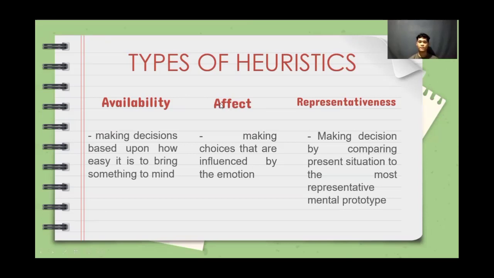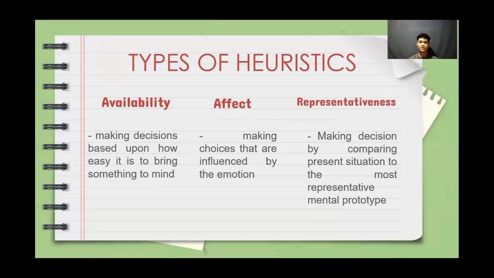You make decisions based on the influence of your emotions or your reliance on your feelings. For example, you're in a bad mood, then you get angry at the people around you, even though they did nothing. Last is the representativeness heuristic.